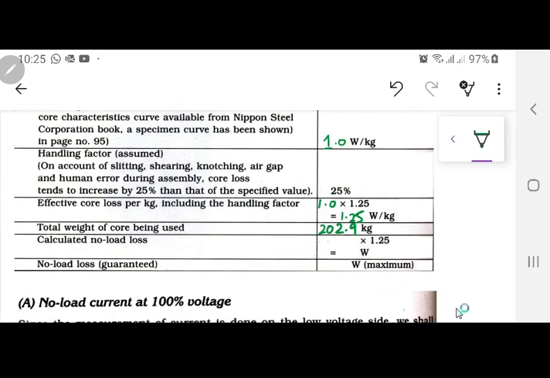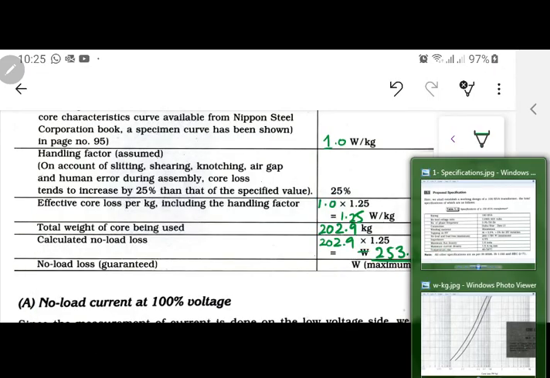So when you multiply the calculated no load loss, 202.9 multiplied by 1.25, we get 250.625. अच्छा, by chance whatever value we required, we have that value.